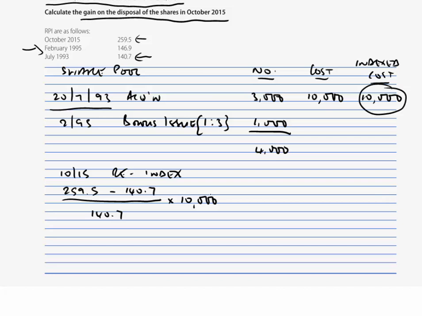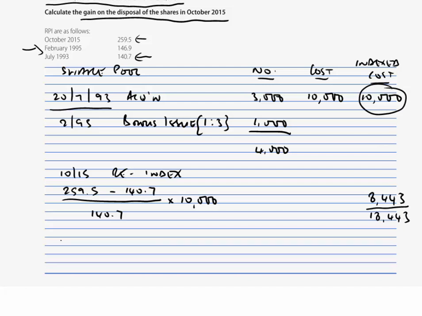That, I hope, comes to a figure of 8,443. So the re-indexation is £8,443. So at this point of disposal, the index cost value on the share pool at that date in October 15 has now gone up to 18,443. So there's still 4,000 shares, the cost is £10,000, and the index cost is 18,443.